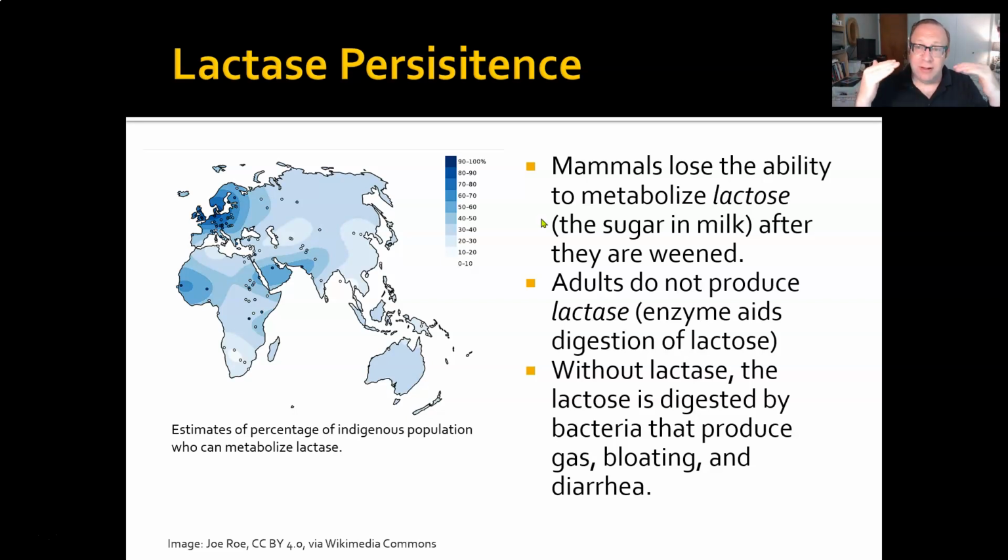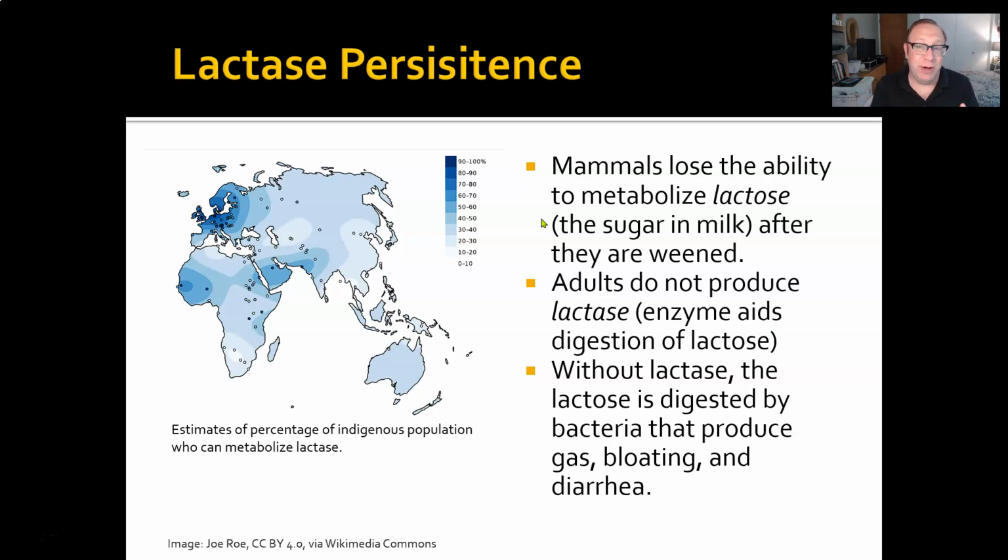First of all, lactose is the sugar in milk. Lactase is the enzyme that infant mammals produce that allows them to break down lactose into sugars they can digest. As you are weaned, you lose this ability, so you produce less and less of it. And so adults should not be able to drink milk, because if that lactose is in your gut but there's no lactase to break it down, then bacteria in your gut break it down instead.